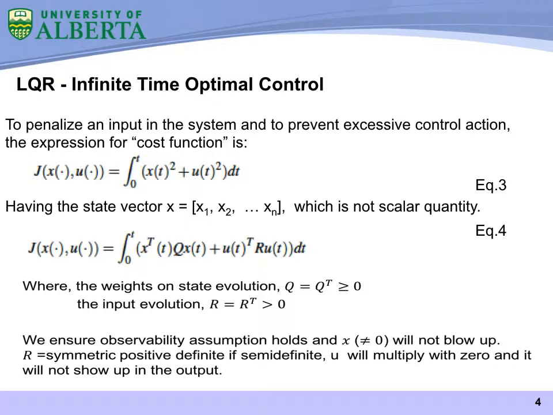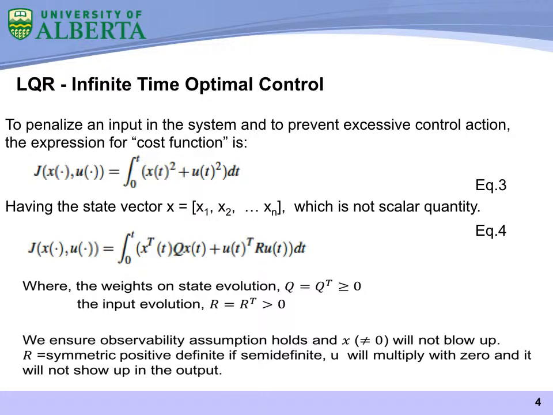In addition, we can define the state vector here, which is not a scalar quantity as previously, but we can have x transpose Q x(t) plus u transpose R u(t), where now Q can be positive semi-definite, while R is always positive definite. We assume the observability assumption holds, and this prevents x from blowing up.